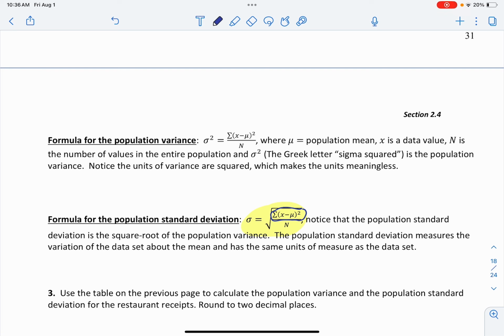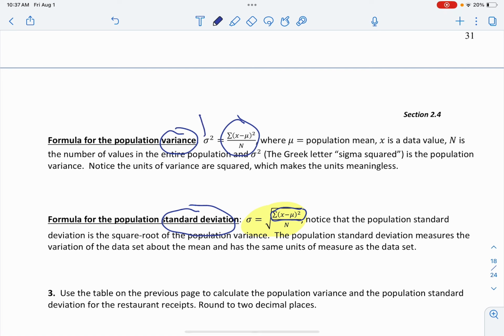Okay, we have formulas for variance and formulas for standard deviation. Notice they're pretty much the same. It's just the standard deviation has the square root, whereas the variance does not. But underneath, this piece right here is the same in both of them. There's a new variable for it. It's lowercase sigma.